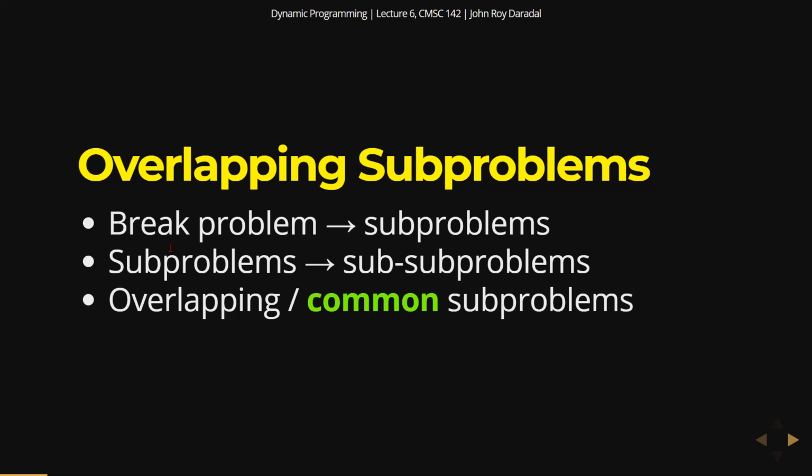Okay, so when there are overlapping subproblems in the problem that you're solving, it's better to use dynamic programming than divide and conquer, because you'll be able to harness the power of dynamic programming when you have common subproblems.